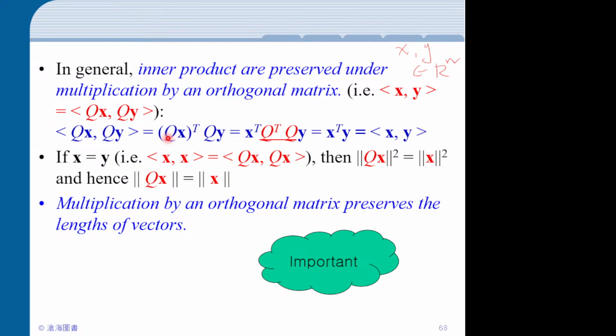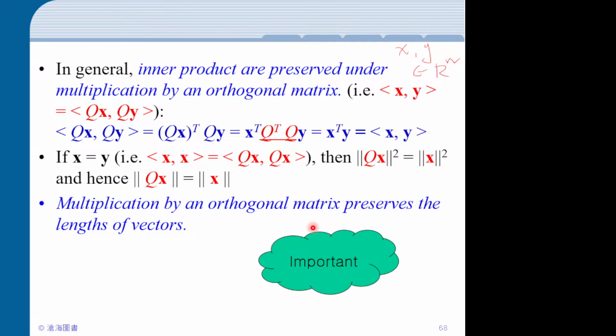We think of x as a matrix, Q as a matrix, and you do the transpose, so it's x transpose, Q transpose. Finally, we use the property of Q being an orthogonal matrix, and we show that Q transpose Q equals the identity. So this is just x transpose y, and that's x inner product with y.